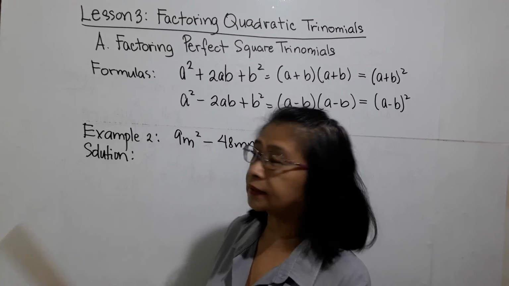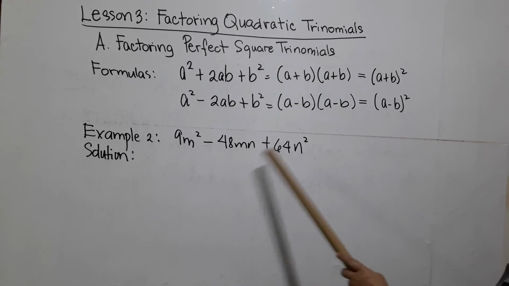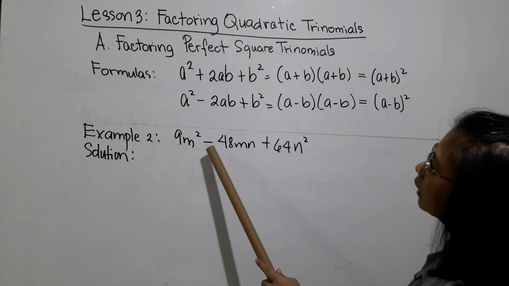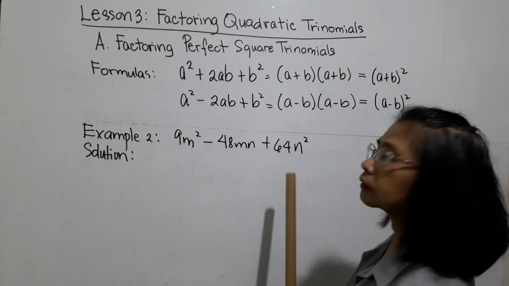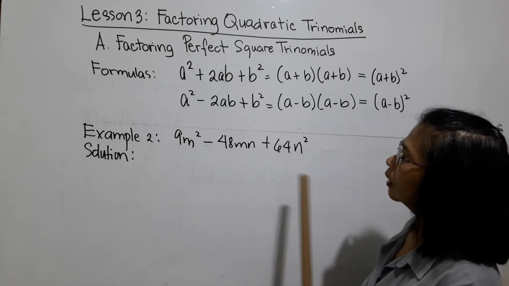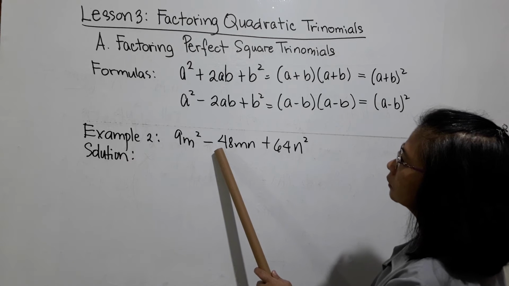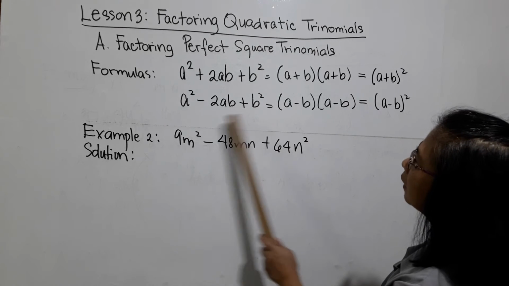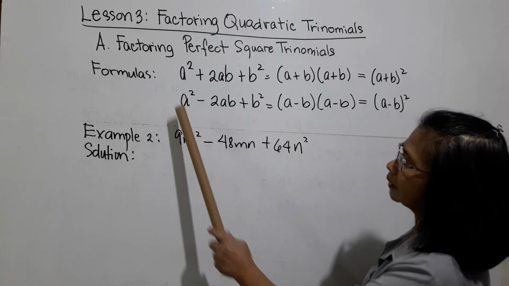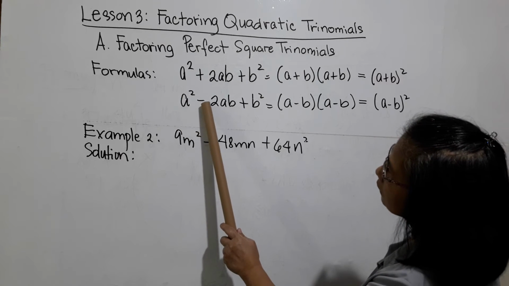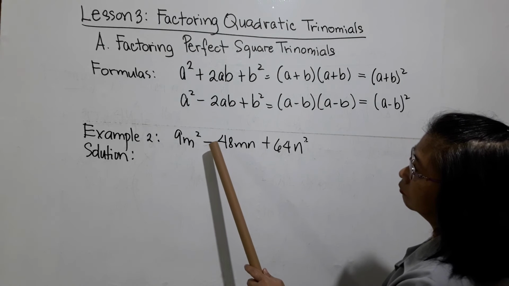Are you ready for example number 2? What do you notice with the trinomial? What do you notice with the first term and the third term? Are they both perfect squares? What do you notice with the sign of the second term? Okay, so this means that we have to follow the second formula, because in the second formula, the sign of the second term is minus or negative.